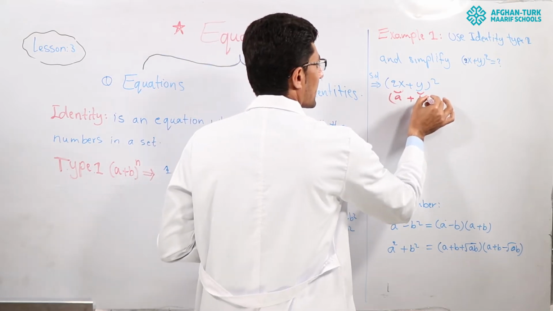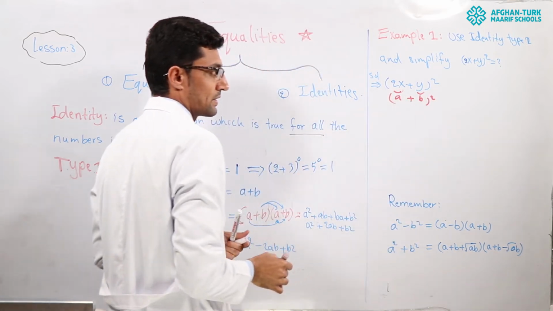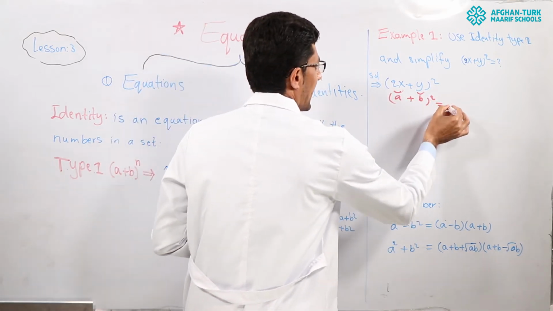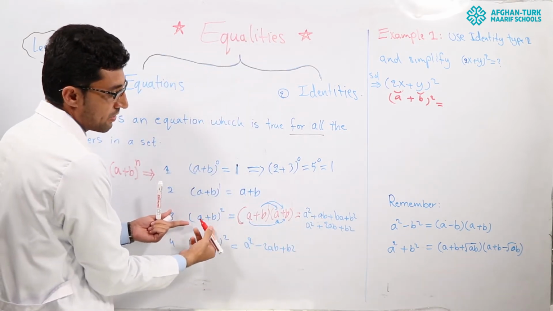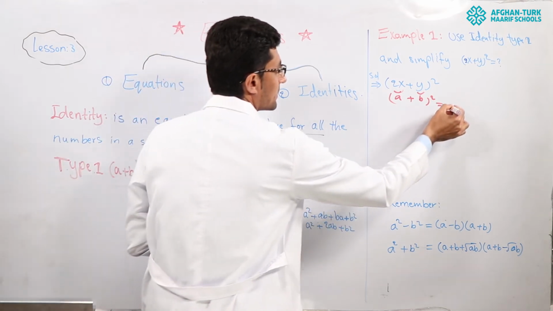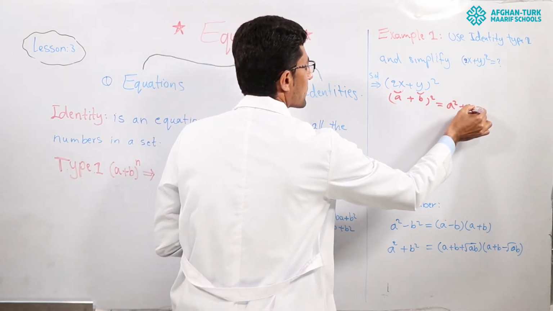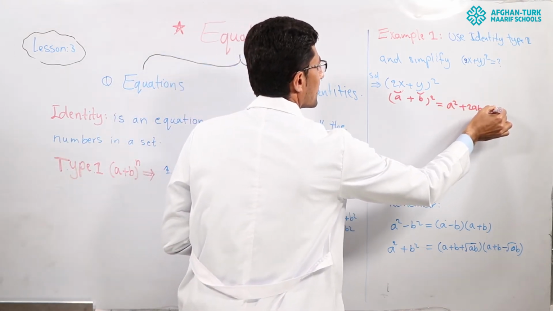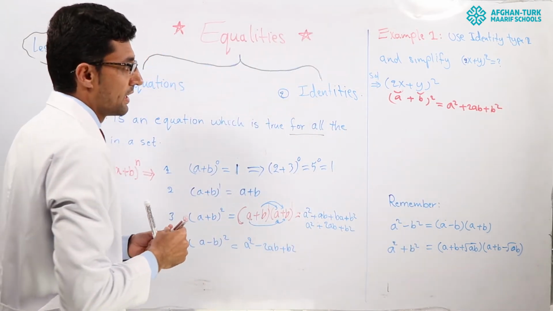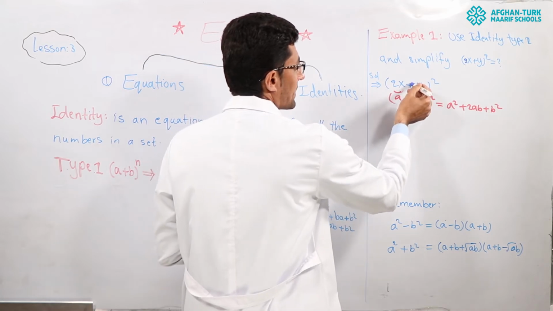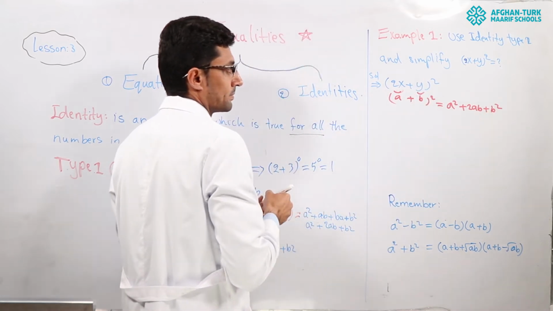Positive. Okay, it is whole to the power of 2. As you studied now, a plus b whole to the power of 2 is how much? A square plus 2ab plus b square.